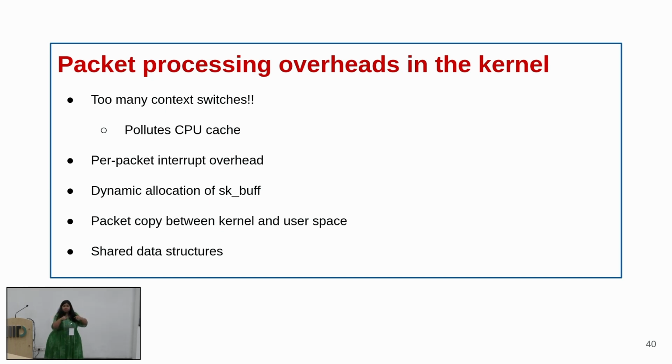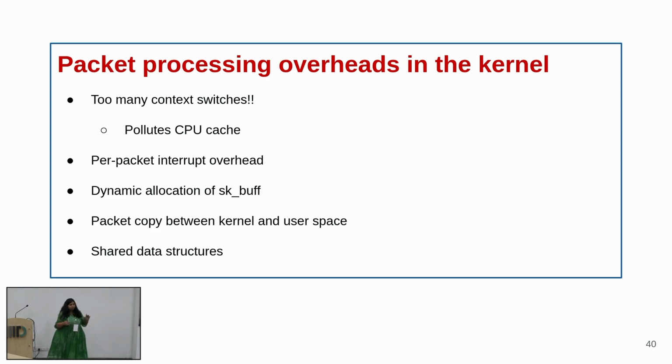But both the CPUs will have to access this common set of queues. And hence you have to have an atomic operation there because they're handling common data structure. So you'll have to lock, unlock. So locking and unlocking also adds to the overheads.